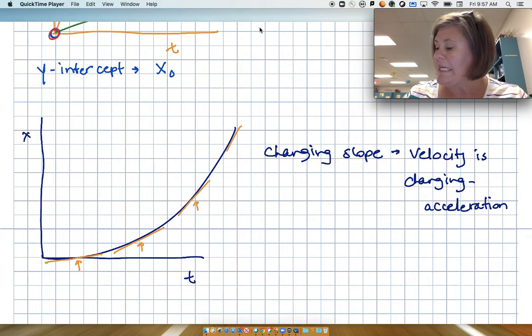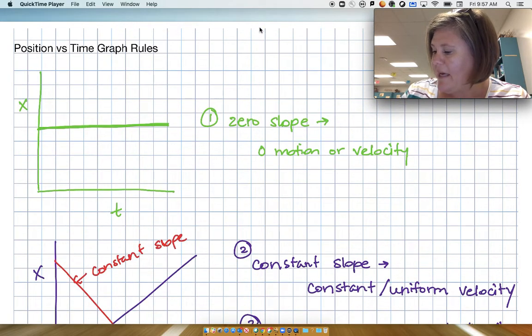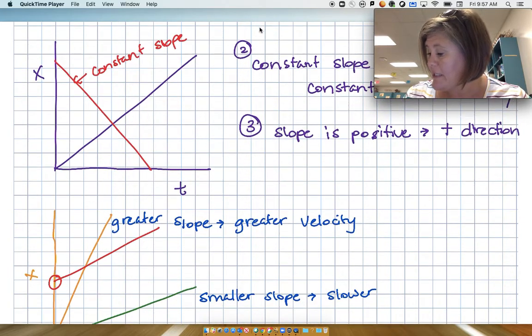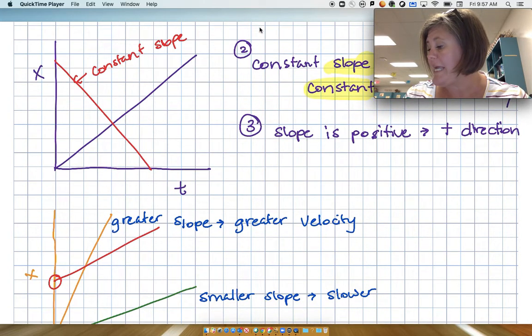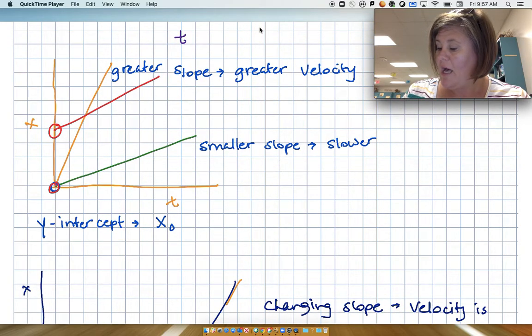So if you look back, you can kind of see a theme. Zero slope means zero velocity. Constant slope means a constant velocity. Positive slope means we're moving in the positive direction. Greater slope means greater velocity.